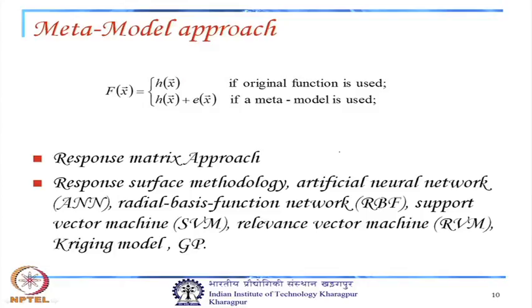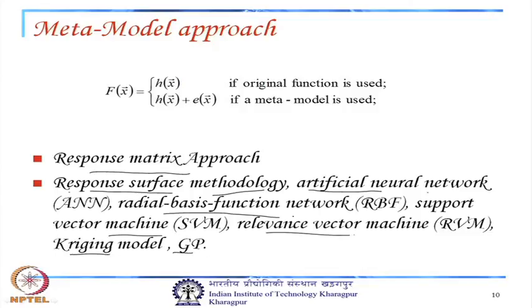We can use a meta model based approach for management purposes. First is the response matrix approach, other is response surface methodology or other meta model based approaches: artificial neural network, radial basis function, support vector machine, relevance vector machine, and Kriging model and GP.